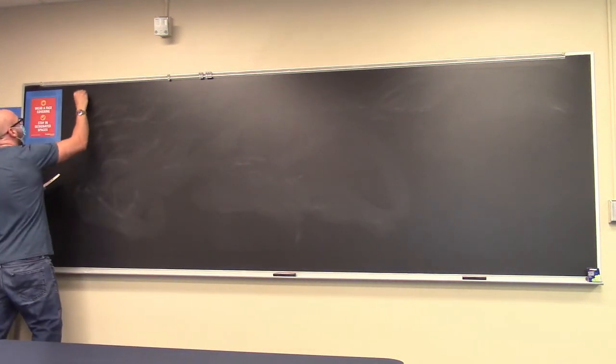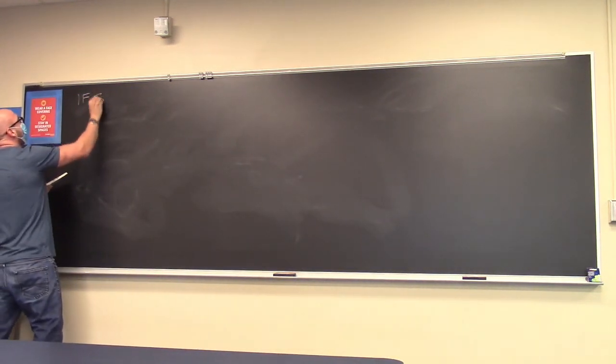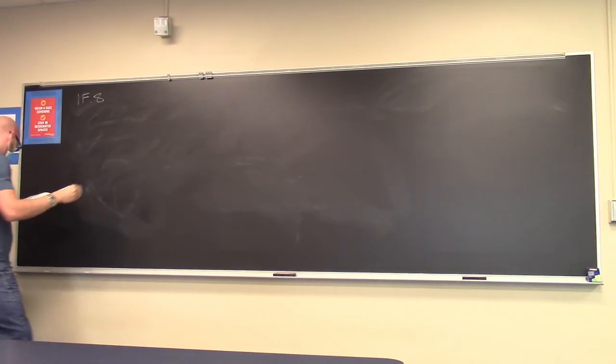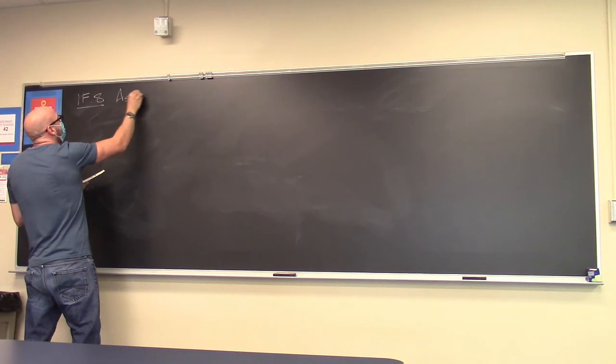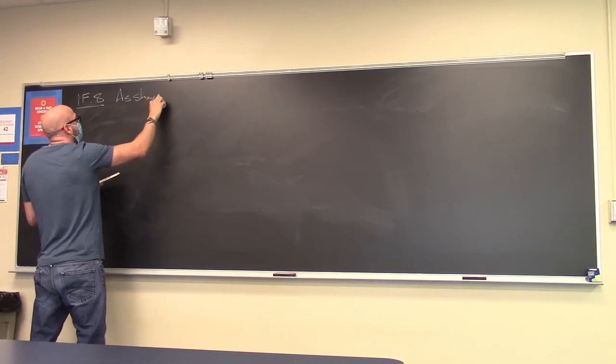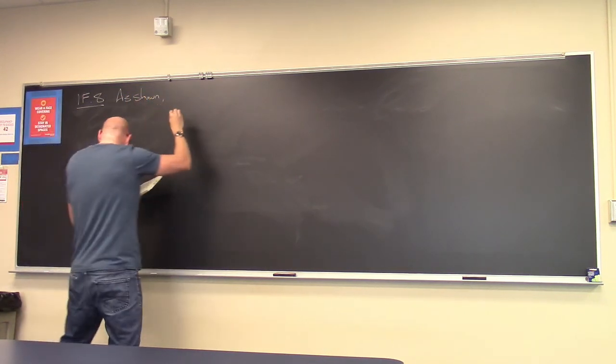So this is problem 1F, the section we're in, number 8, and it says the following. As shown, so I'll draw a picture, although the picture is not really necessary.